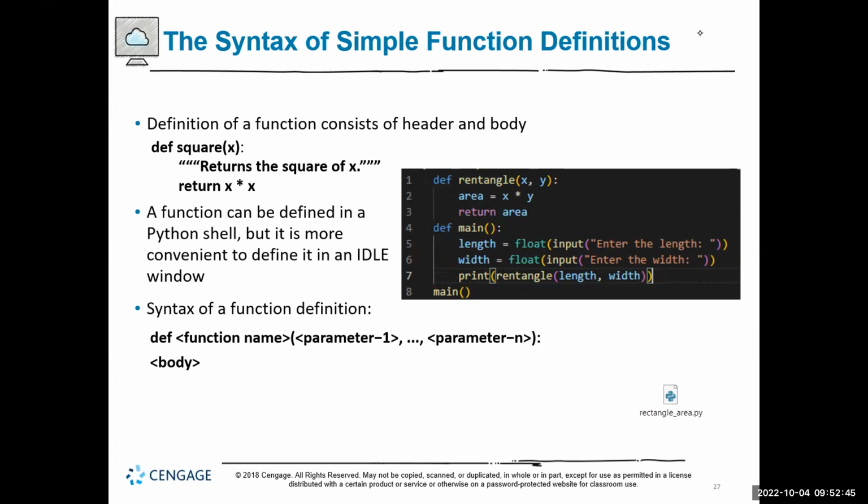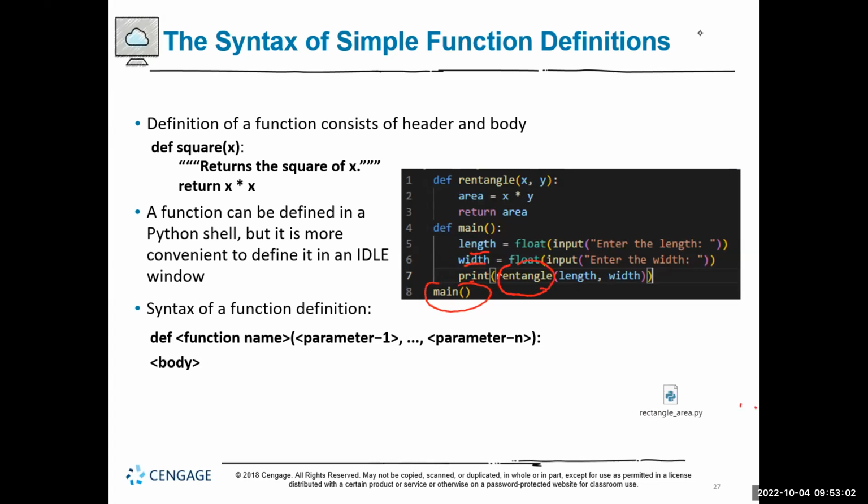In this program, the first step is that it calls the main function. So what does the main function do? You get the length from the user. You get the width from the user here, right? And then it calls the rectangle function, right?